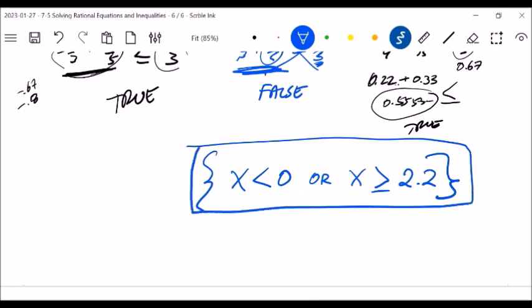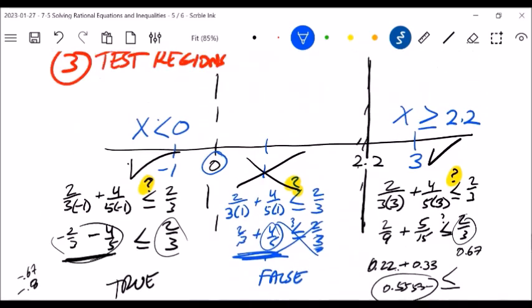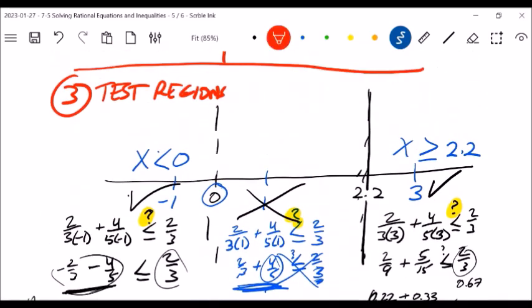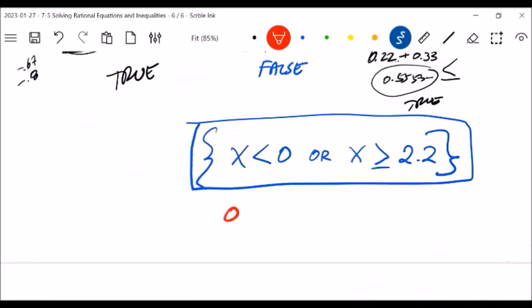Okay. Now, you actually have to show this in interval notation. And for that, we know that we have 0 here, and we have infinity here. So I'm going to say infinity, comma, 0, both in parentheses.